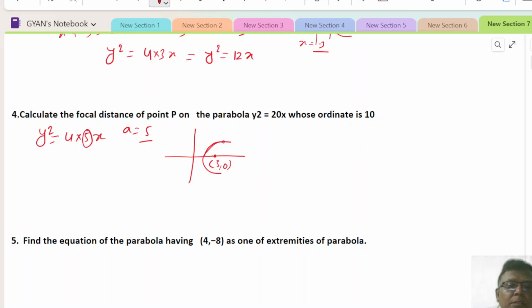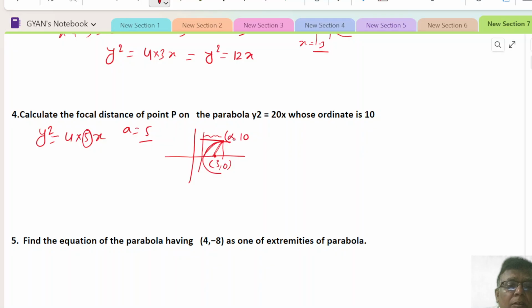And suppose some point is there here. So this is abscissa and this is ordinate. So this one is 10. Ordinate is 10.